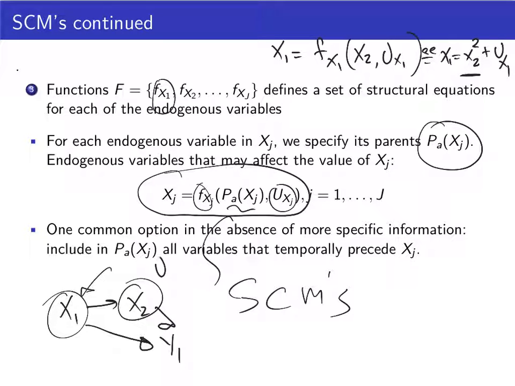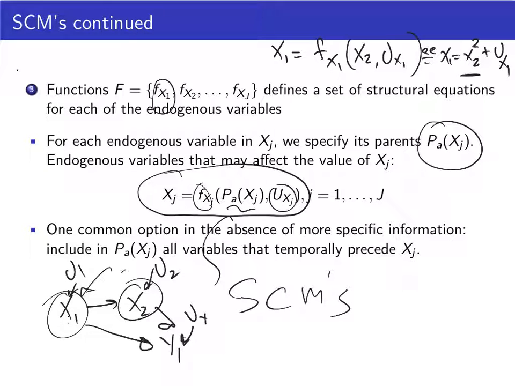Also, I'll do this. u2 goes into here, and u1 goes into there, and u3 goes into there, right? So I have three sources of error that are affecting it, and then I have the other variables. x2 has one parent, which is x1, and y has two parents, which are x2 and x1, right? Those are the things that have arrows into y.